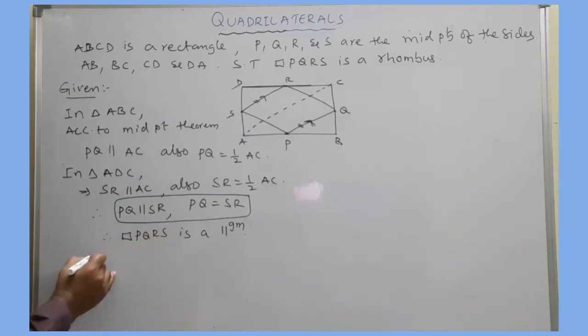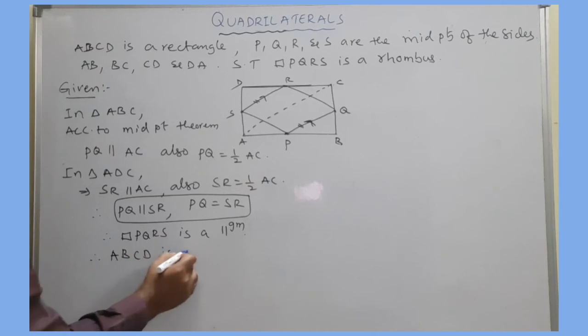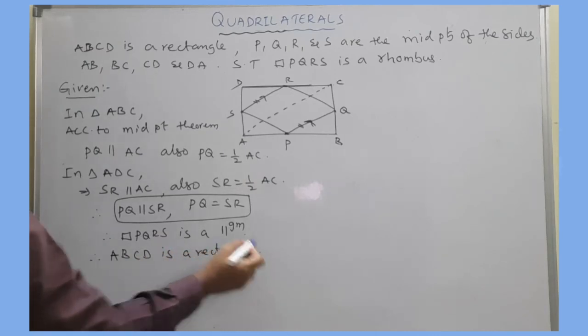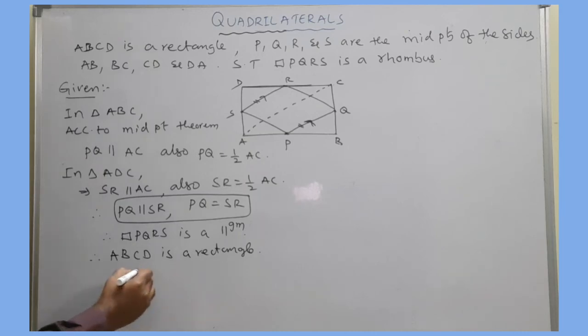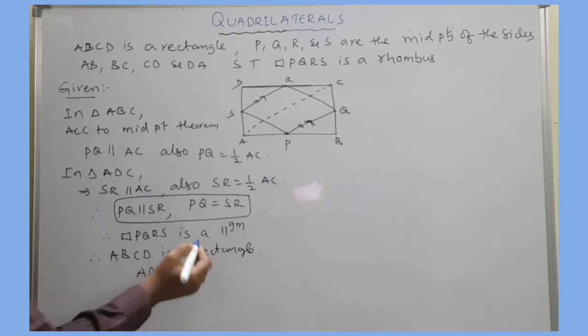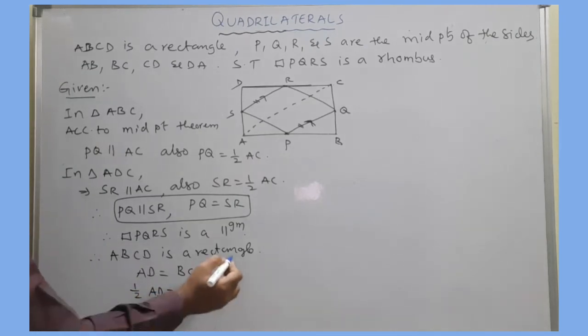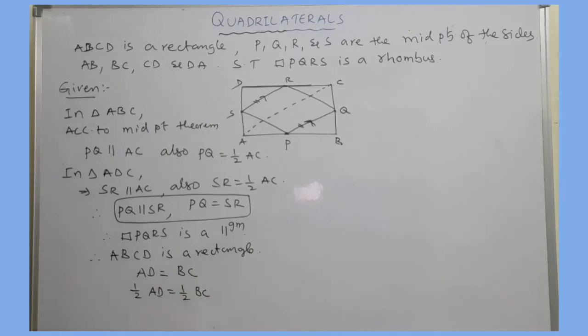But since what is given is that ABCD is a rectangle, then in a rectangle, opposite sides are equal. AD is equal to BC. If you multiply by half on both sides, half of AD is equal to half of BC.